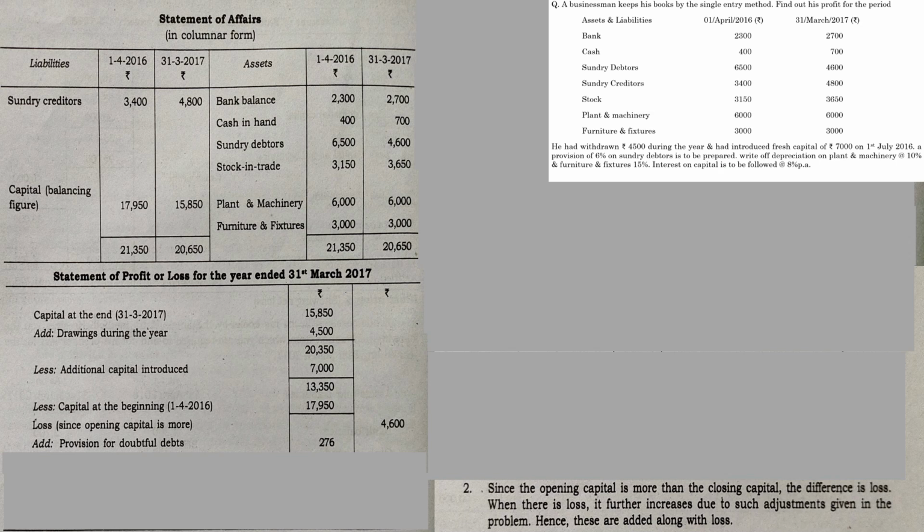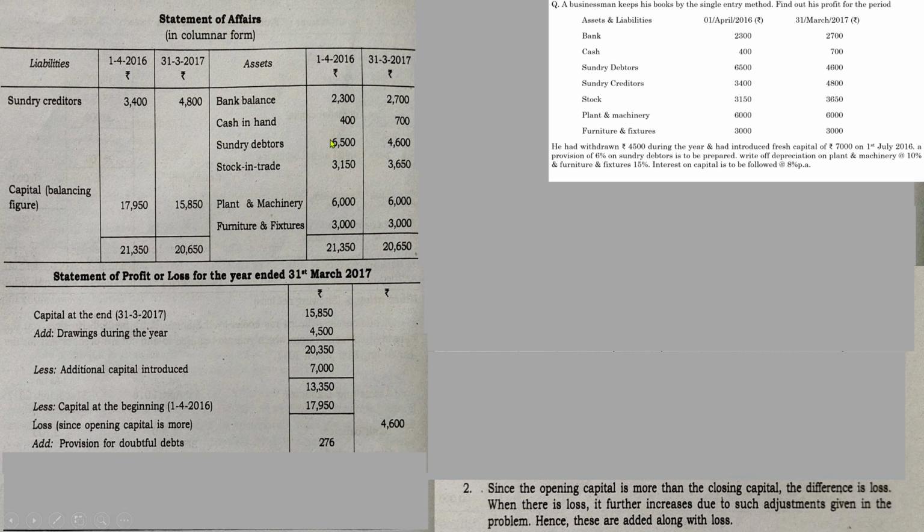A provision of 6% is to be prepared on debtors. So what is meant by provision for debtors? Provision means an amount set aside out of profit so as to meet the balance with regard to the business or during the operation.